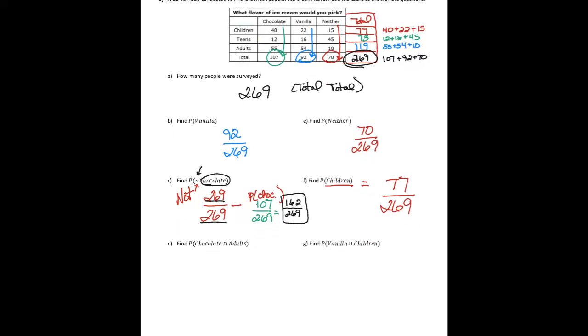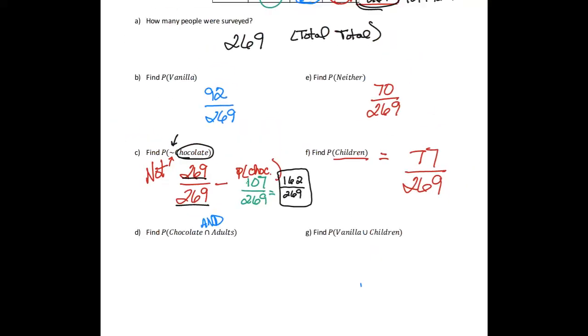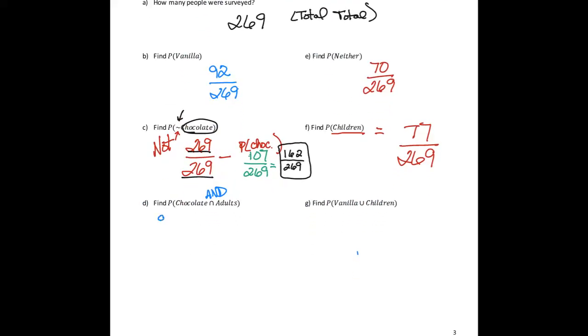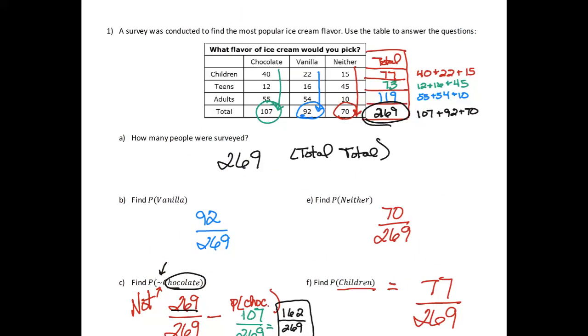All right, here come the hardest ones. Find the probability. Wait a minute. Is that an and or an or for letter D? And. It looks like an N. So this is chocolate and adults at the same time. So I'm going to erase some of these other ones just so you can see. Here's chocolate.